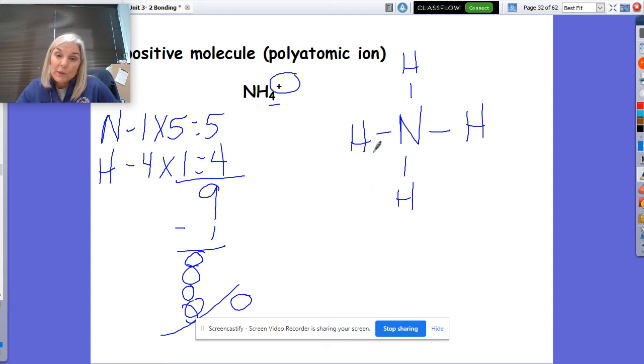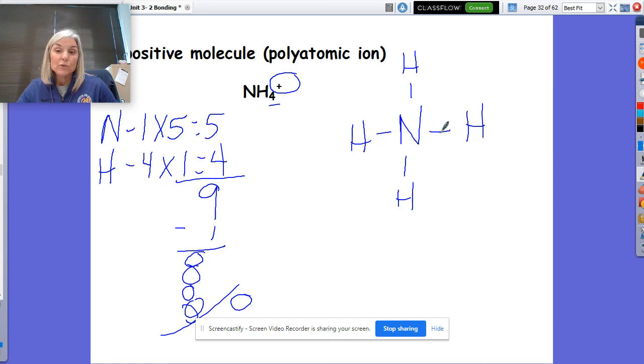Now, please remember, hydrogen is stable with just 2. There's hydrogens 2, 2, 2, and 2. Never ever will you have any electrons on the outside of hydrogen. So if you catch yourself doing that, you've got to remember hydrogen is stable with just 2. Nitrogen is stable with 8.